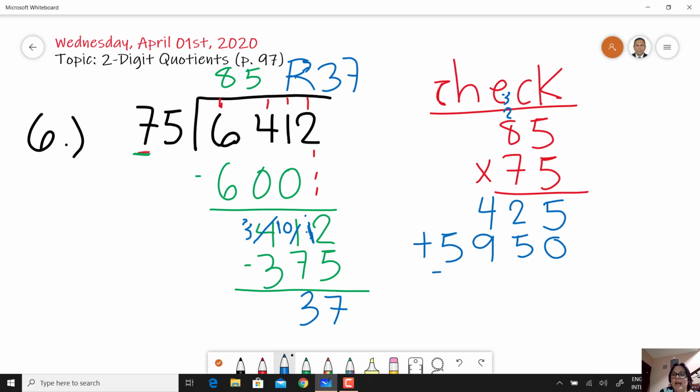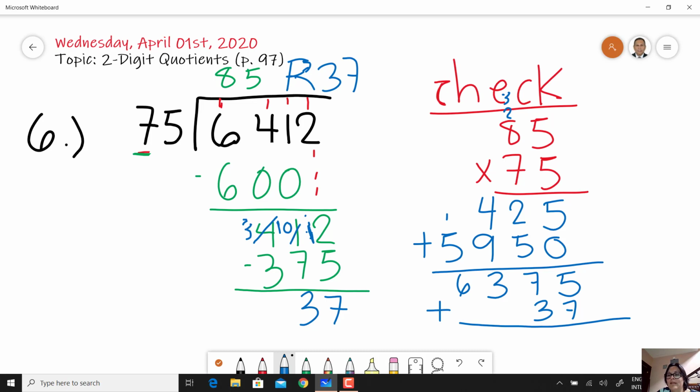And then we add 5 plus 0, 5. 2 plus 5, 7. 4 plus 9, 13. And 1 plus 5, 6. Now we have to add 37. 5 plus 7, 12.